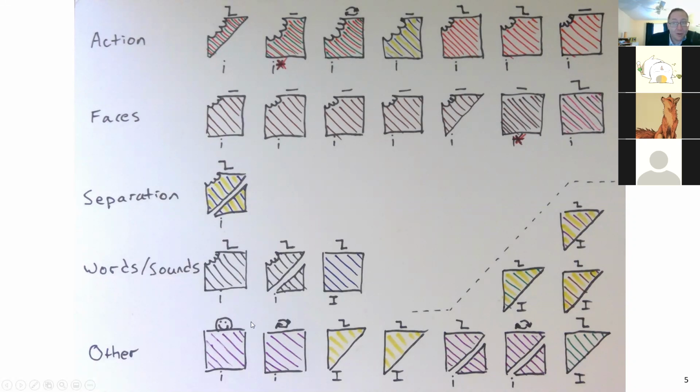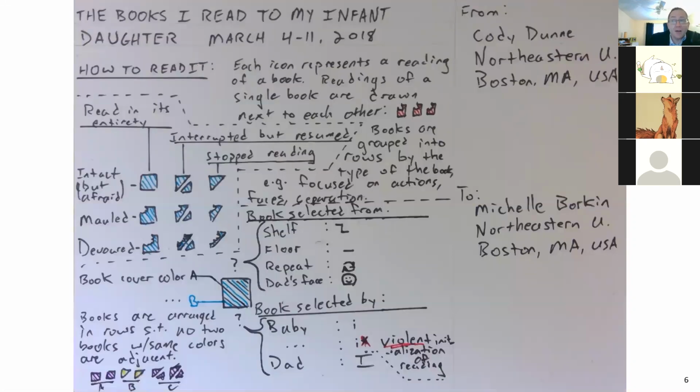In case you're wondering what the hell it is, it doesn't have to be self-explanatory on the surface. The other side of the card is the instructions. I have a from, who it's from, and a to. Now, because I want to make sure it works, they used to send it to their grad students, and then the grad students would write back. No, we're going to give you all a unique identifier.